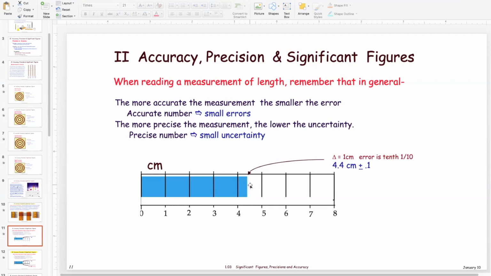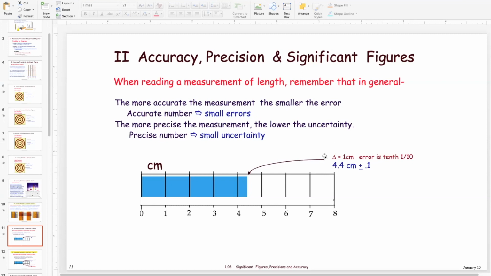Now, if you take a look at the spacing between each tick mark, from here to here, that's 1 centimeter. So the rule of thumb is that if your increments are, say, 1 centimeter, then you're going to read your measurements to 10% of that 1 centimeter, or 0.1.